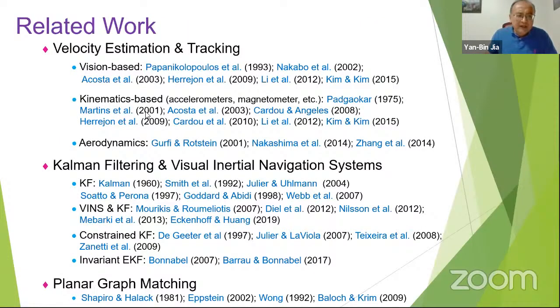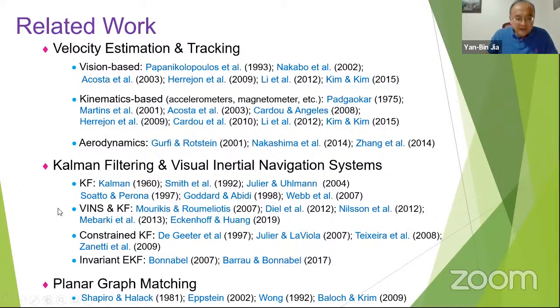Okay, so there's a lot of related work: velocity estimation, vision-based, and kinematics-based using accelerometers and magnetometers, and also pure aerodynamics. That's the route we're actually going to follow in terms of modeling dynamics. For Kalman filtering, there's the initial work by Kalman, then the extended Kalman filter, and the unscented Kalman filter, all done by people from filtering and control, and also from vision.